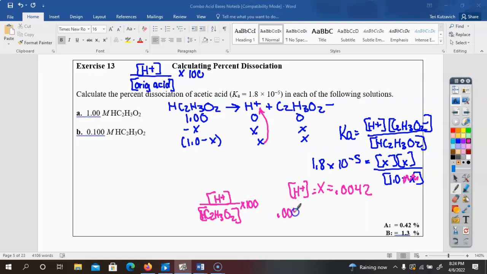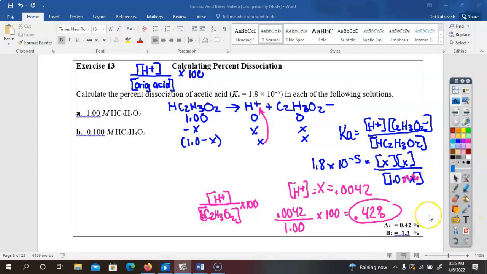So 0.0042 divided by 1 times 100, and that's 0.42%. A lot smaller than those strong acid dissociations. You can try the next one on your own, and you should get 1.3%.